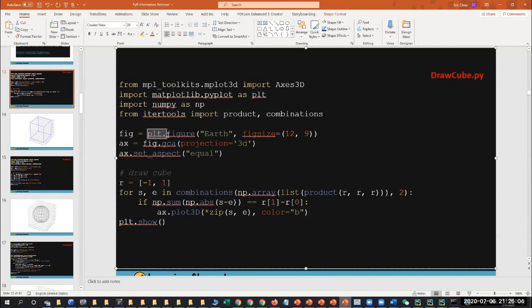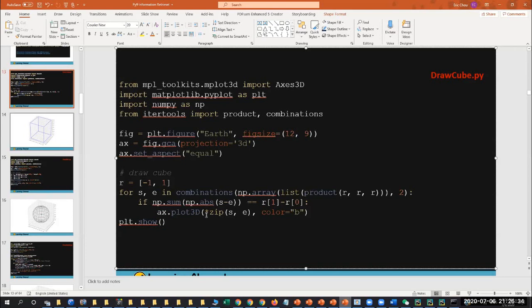And you must run this one because sometimes we need to save one figure because we may have other figures we want to have. So here I create this figure, and the figure name is called Earth. Figure size 12, 9. That's in inches. And then I say get current axis, projection 3D. That will become a projection 3D axis, and then set aspect equal.